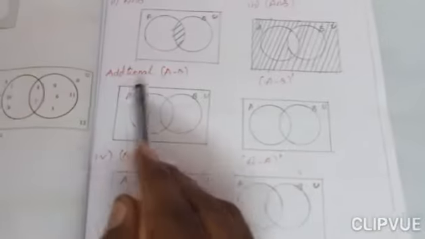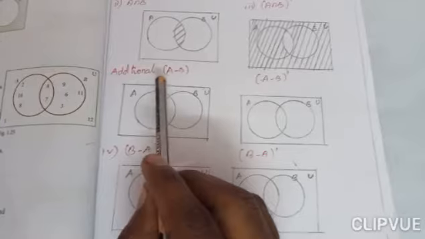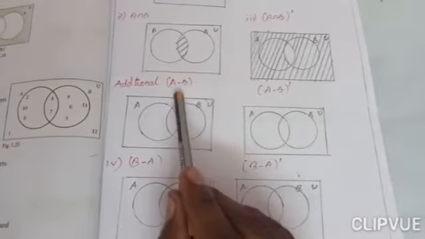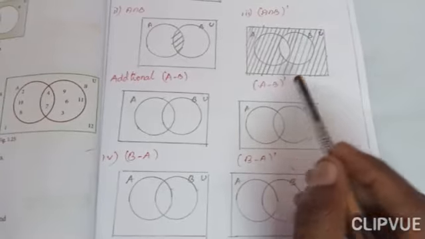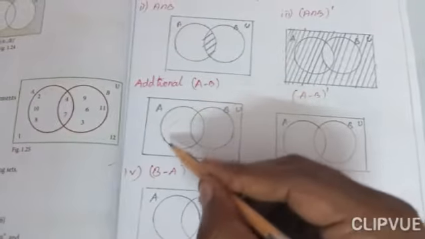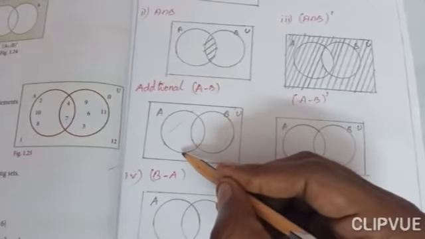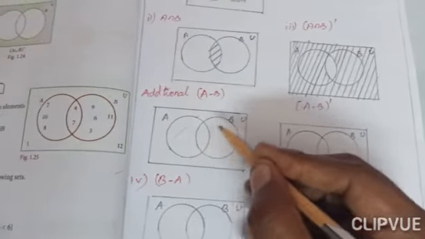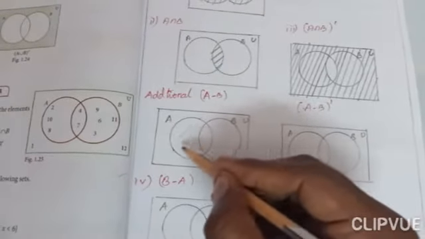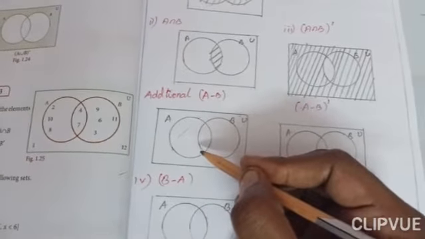This is the additional question. This is not asked in the text, but you have to write it in the classwork. A minus B and A minus B the whole dash. For A minus B, as I already said, you have to shade inside the circle. That means you should not take this circle B. The remaining part of A alone, you have to shade.